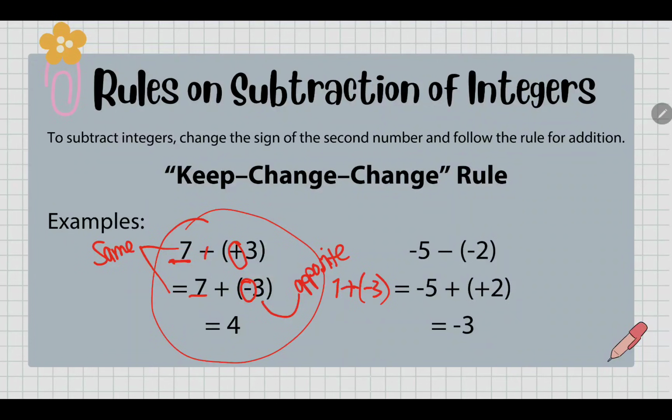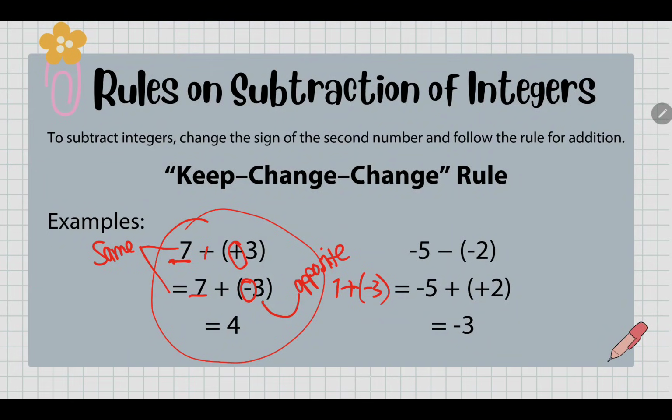So remember the rule that we did for addition of integers. The problem is 7 plus negative 3. Since the signs are different, we subtract the absolute values.